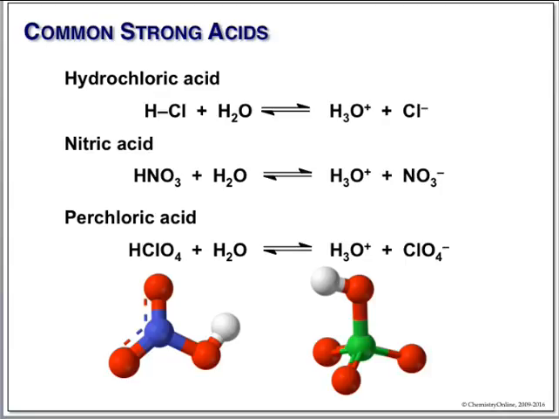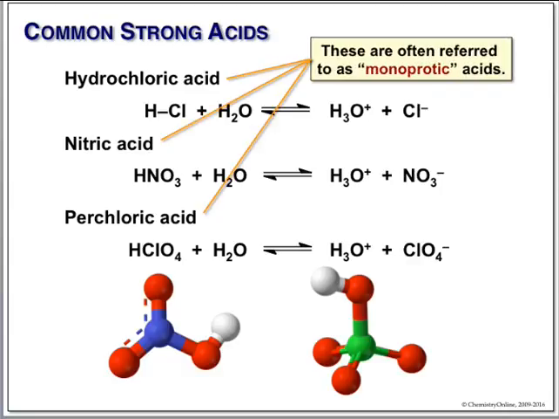Perchloric acid, remember the perchlorate anion. Well, we take and we put a hydrogen on one of the oxygens. Again, it comes off. At equilibrium, we have almost all of this. Perchloric acid is another very strong acid.